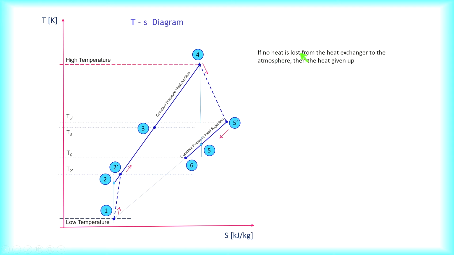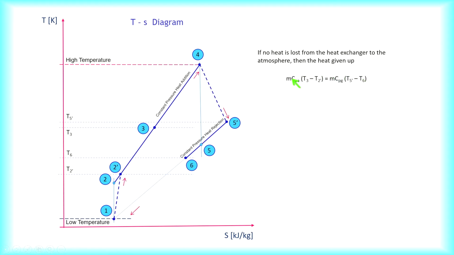If no heat is lost from the heat exchanger to the atmosphere, then the heat is given out. So what happens here, if there is no heat loss from the heat exchanger, we can say that the total amount of heat received by the air after the compression process is equal to the amount of heat given out.